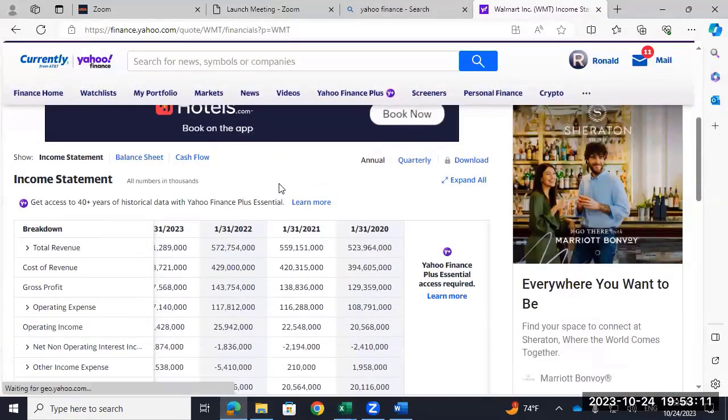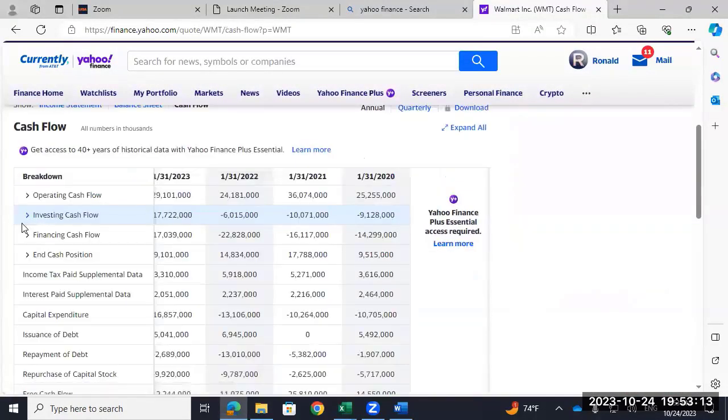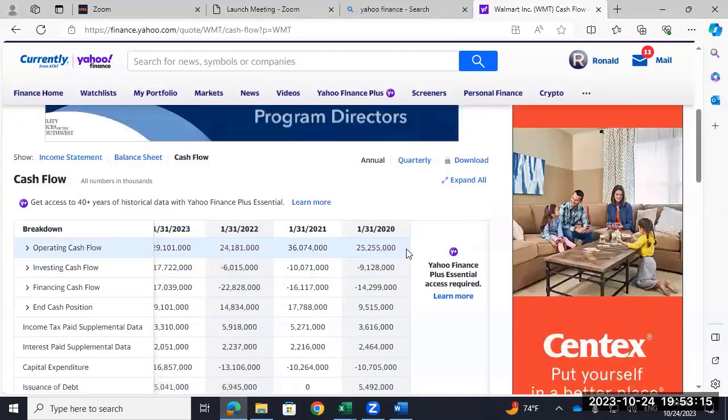We'll get their CFO. Nice thing is you can get it all in one place.